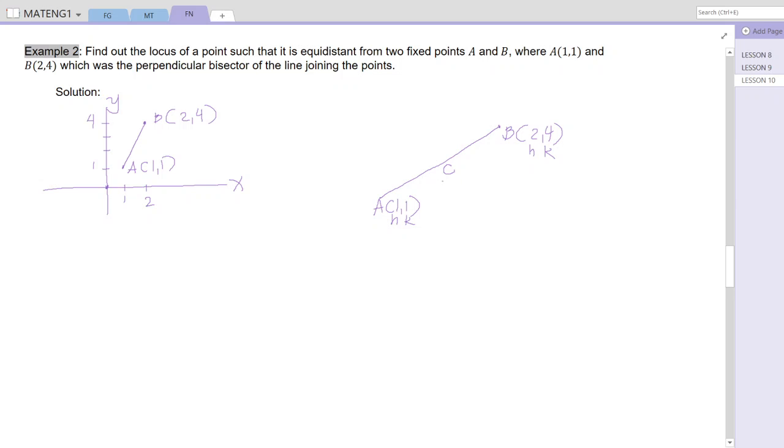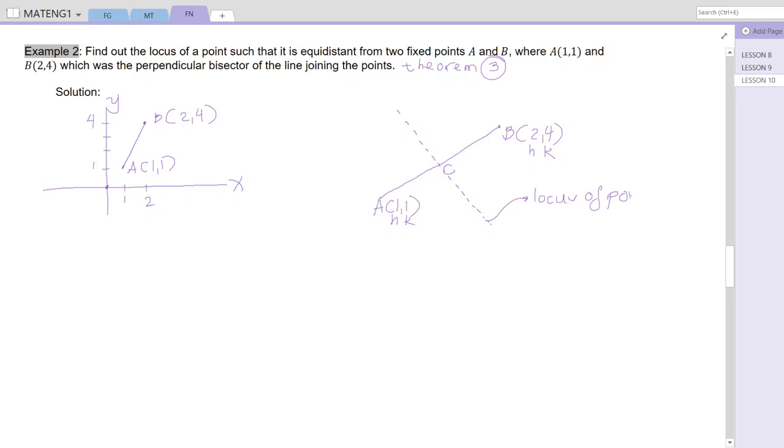Assessing this, that is theorem 3. We have to have the bisector, which is at the midway of the line AB. That is the locus of points.